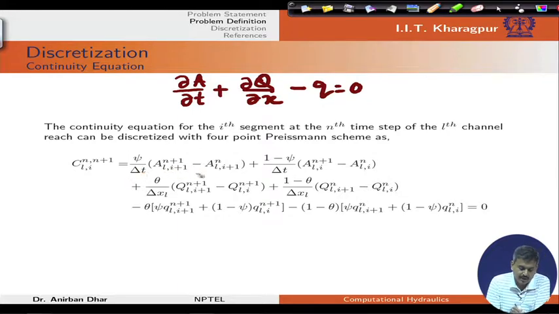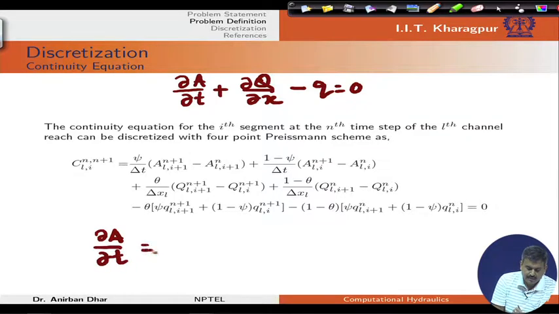So, del A by del t we can discretize like this. This is del A by del t. So, again we can take that weighted combination with respect to psi and get this.